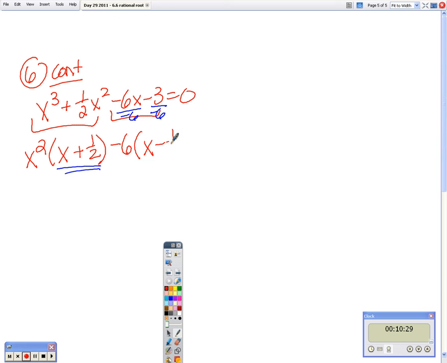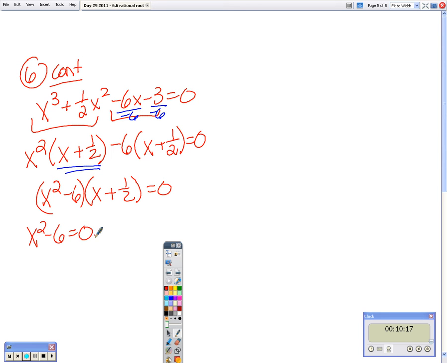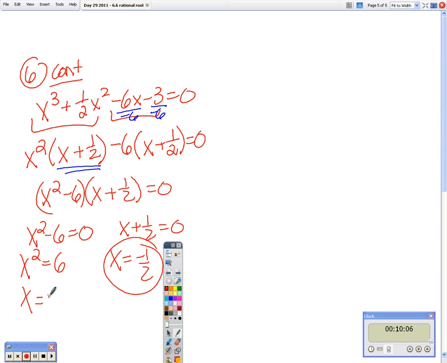So that way I'm left with the same thing, so I can regroup that x squared minus 6, x plus 1/2. So x squared minus 6 equals 0, x plus 1/2 equals 0. So x is -1/2. And here x squared equals 6, so x is plus or minus root 6, because I took the square root of both sides.